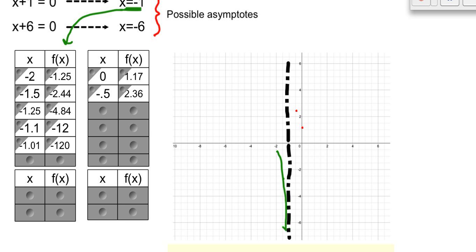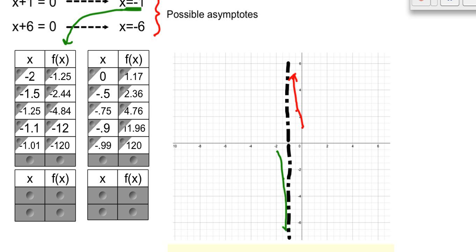We can keep clicking and find out what's happening as we get closer and closer to that negative 1. It looks like it keeps going up and up and up. We're getting closer and closer without ever touching. So when we approach from the left, it's going down. When we approach from the right, it's going up.